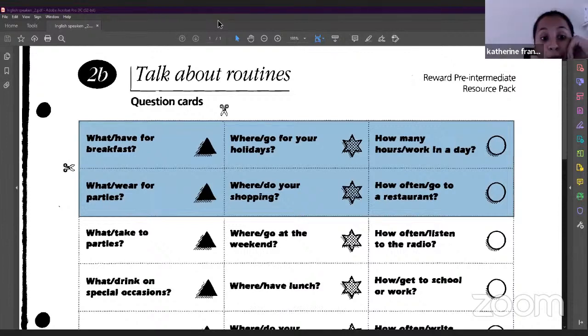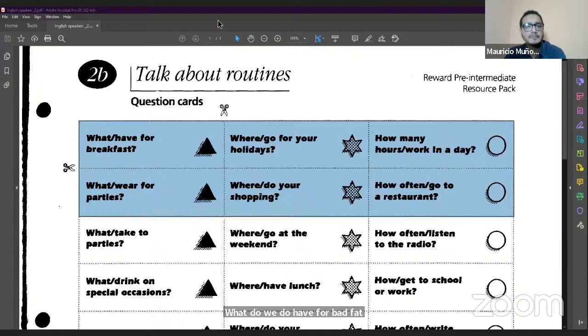What do you have for breakfast? Correct. Continue. Number 2. Where do you...? ¿Está bien? Go on. Continue. Good for your holidays. Go on. How many hours do you work in a day?